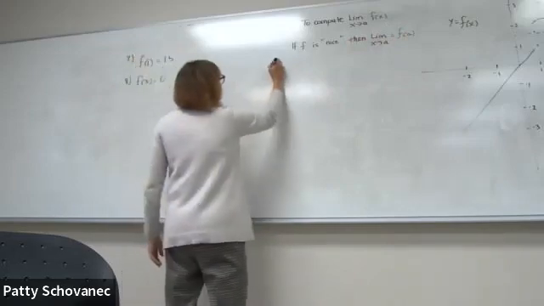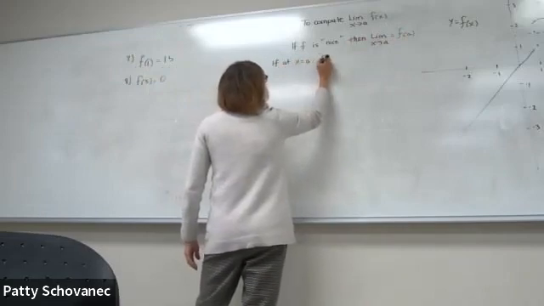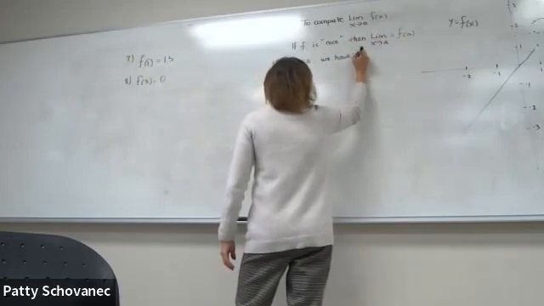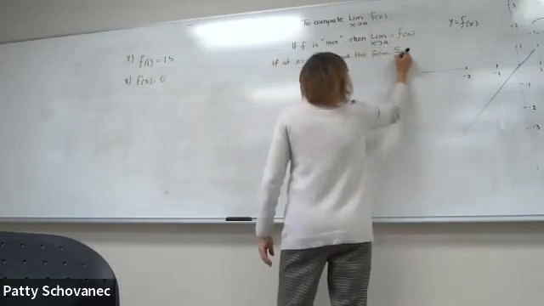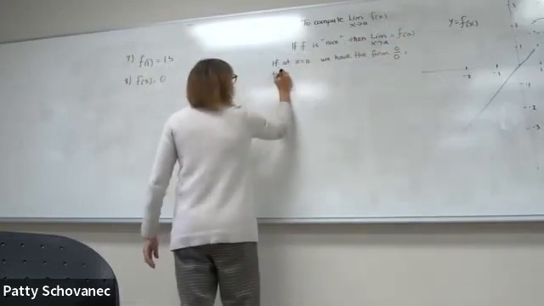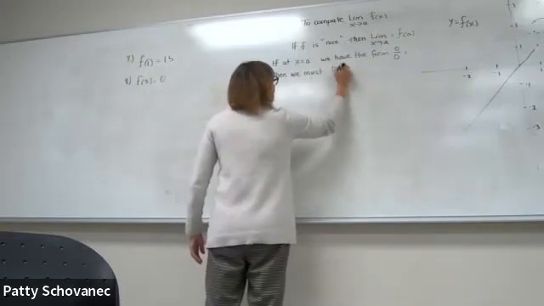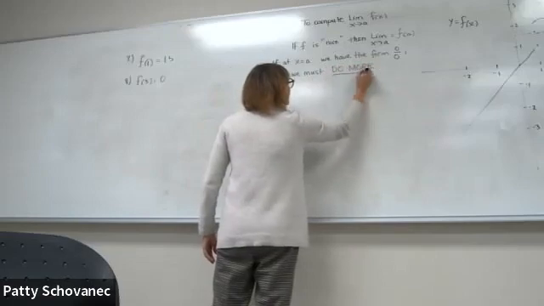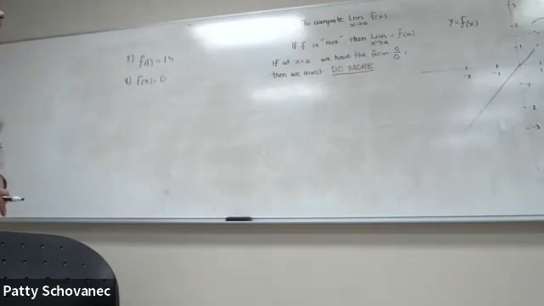But if at x is equal to a we have the form 0 divided by 0, then we must do more. I'm going to try to find an equivalent expression and maybe reduce our given expression to that.